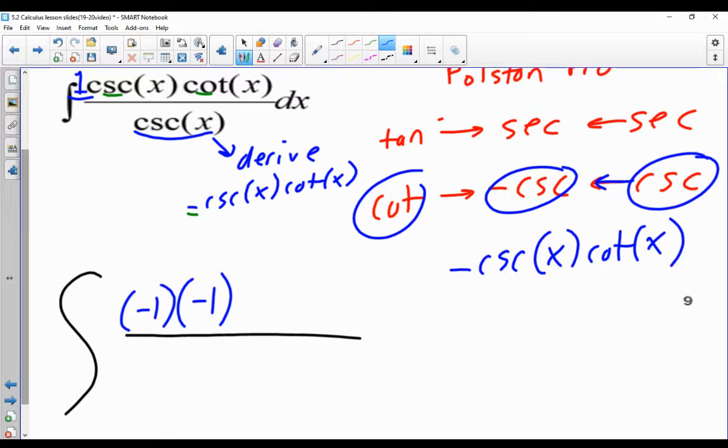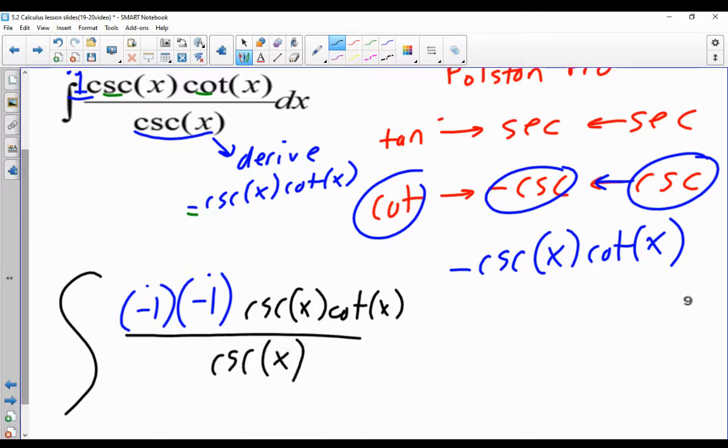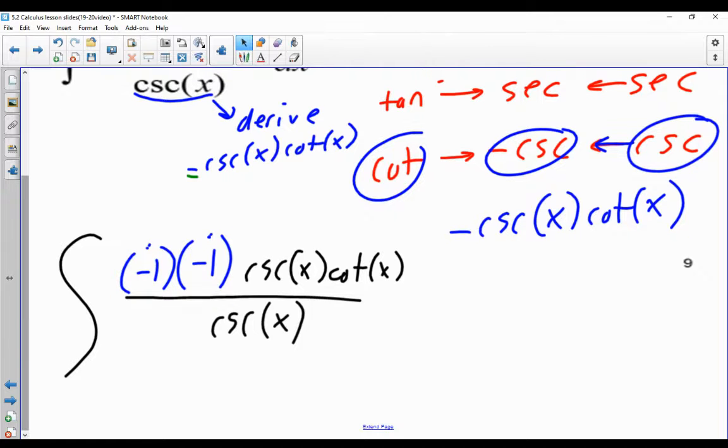Double check. Negative 1 times negative 1 is the positive invisible 1. So you know we can do that. And everything else, the cosecant x, cotangent x, all over cosecant x, didn't change. Okay, Miss Shulin, cool. We took the invisible 1 and rewrote it as negative 1 times negative 1. Cool. So what does that do again?